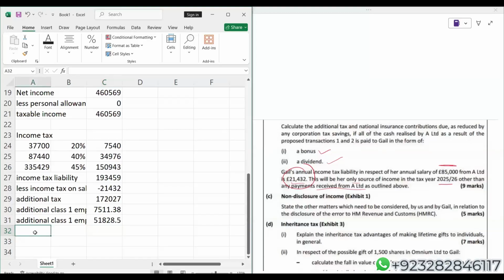Savings in the corporation tax liability. Less savings in corporation tax.